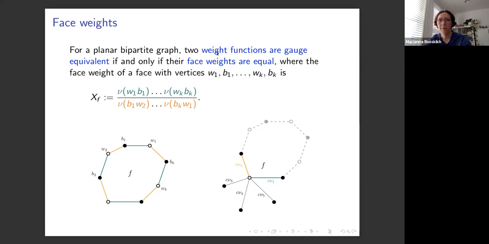So we can introduce a weight function on faces, which is given by the alternating product of weights along each simple face. And note that two weight functions are gauge equivalent if and only if they define the same face weights on the graph.